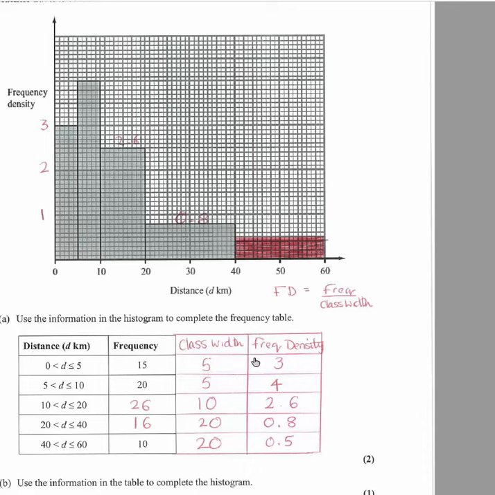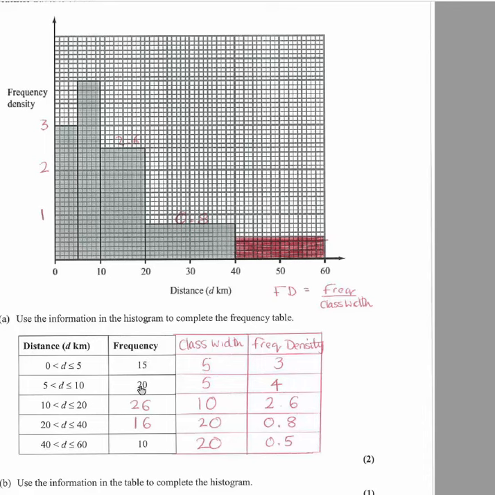These two numbers have to multiply together to make the frequency, because, as I said before, it's the area of the bar, not the height of the bar, that is the frequency.